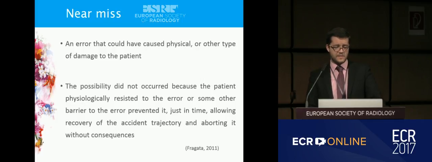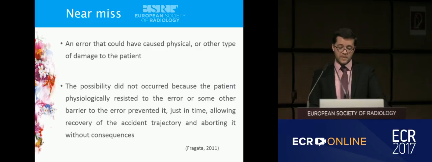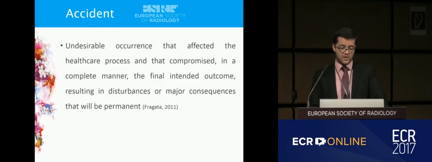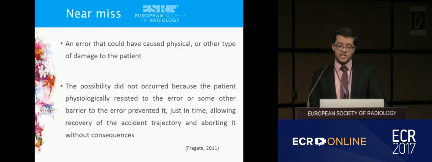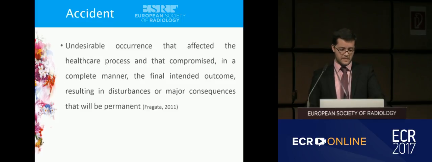A near miss is an error that could have caused physical or other type of damage to the patient, and it just didn't occur because the patient physiologically resisted to that error, or some other barrier prevented the error from affecting the patient just in time, allowing the patient to recover from the accident trajectory and aborting that accident trajectory.